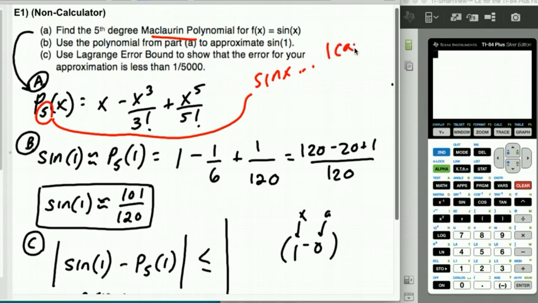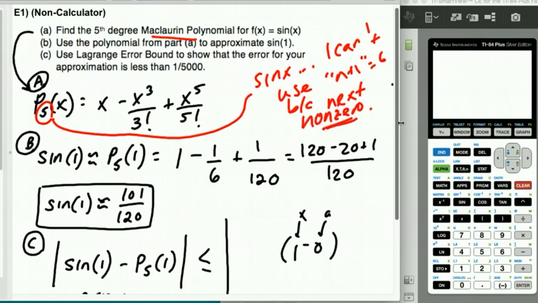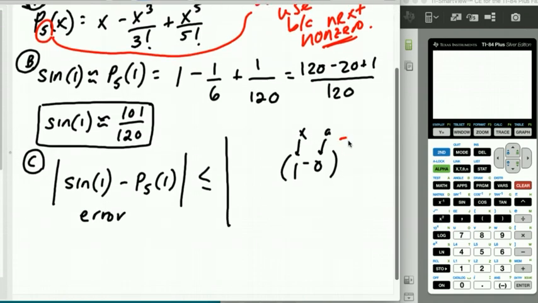I can't use 6. N plus 1 is 6 because we need the next non-zero term, right? And the issue is that sine doesn't have any even powered terms. So I'm going to have to use the 7th, right?